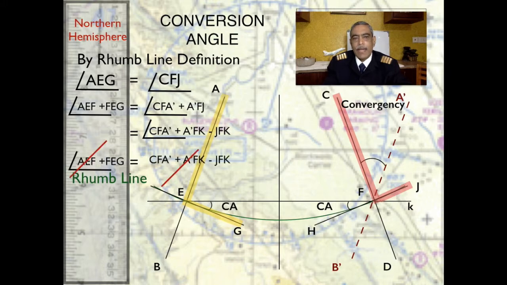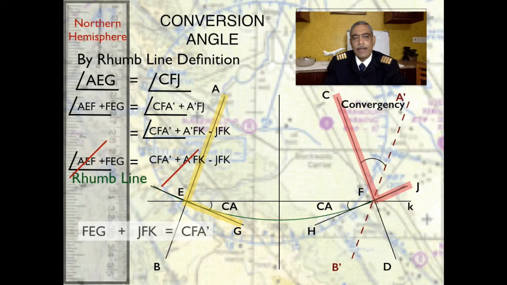But angle AEF would be equal to angle A dash FK. That's again by geometry. So we are able to cancel these two from both the sides.